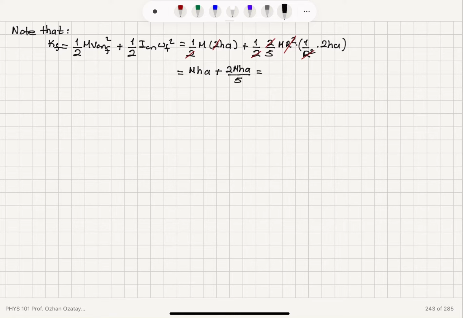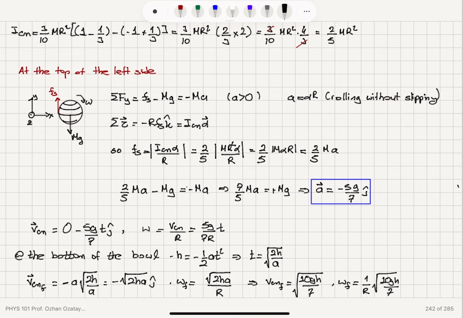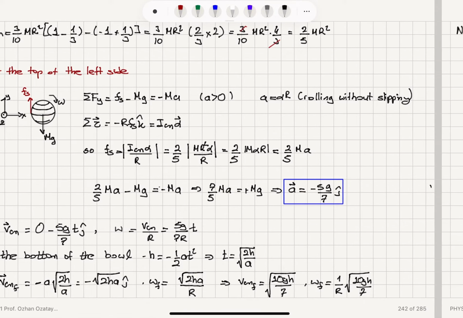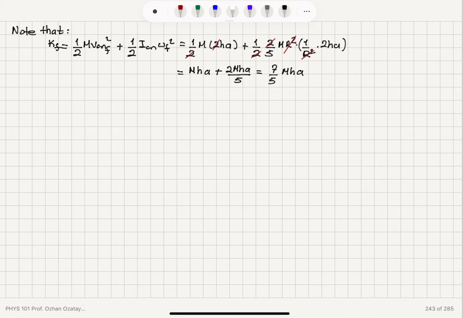So that will give us 7 over 5 m h a. So acceleration was equal to 5g over 7, as you can see here. So if you substitute 5g over 7 here, you can see that this is going to be equal to mgh, which is the initial potential energy of the system as expected.